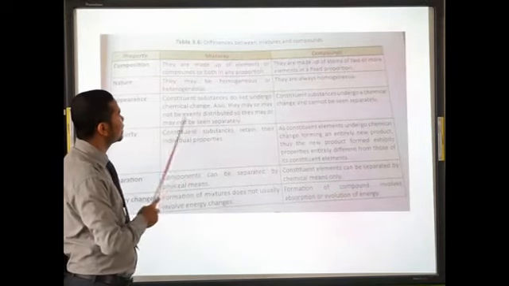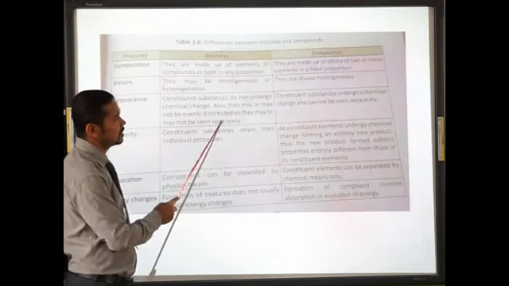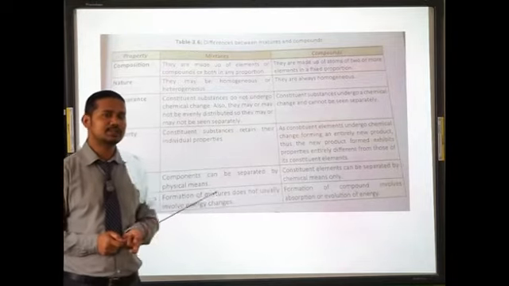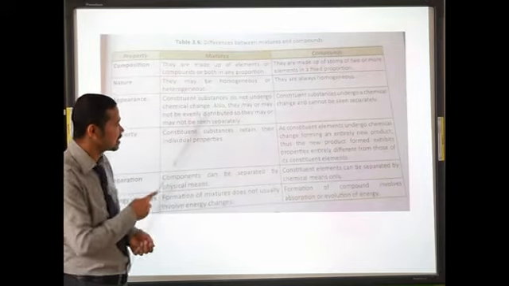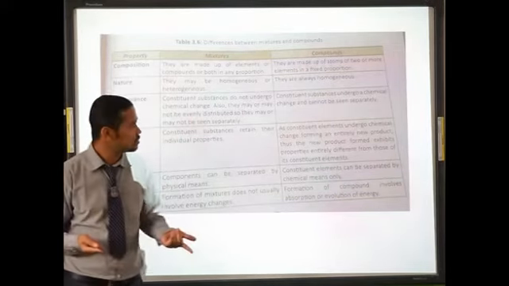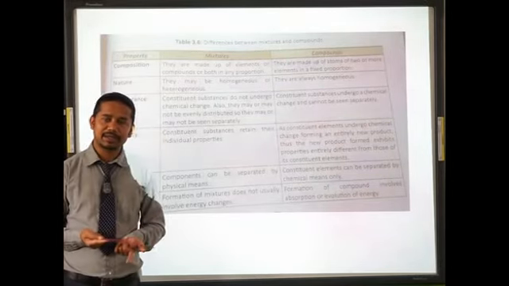Also, they may or may not be evenly distributed, so they may or may not be seen separately. If they are evenly distributed, it is homogeneous. If they are not evenly distributed, it is heterogeneous. That means they may be seen separately, or they may not.